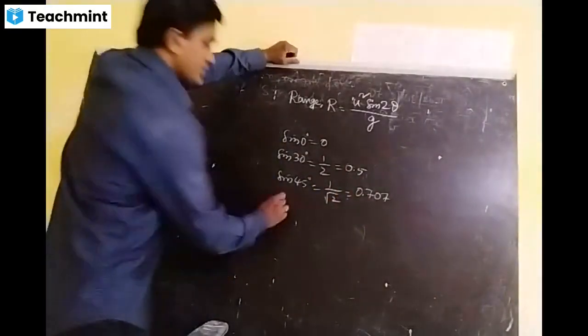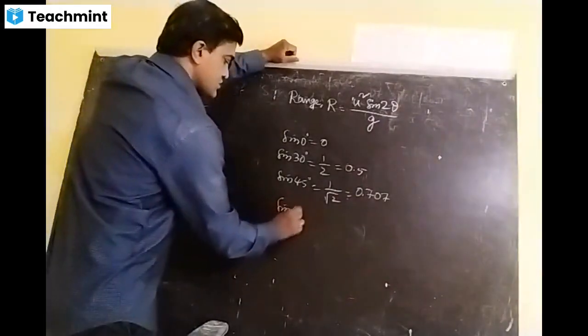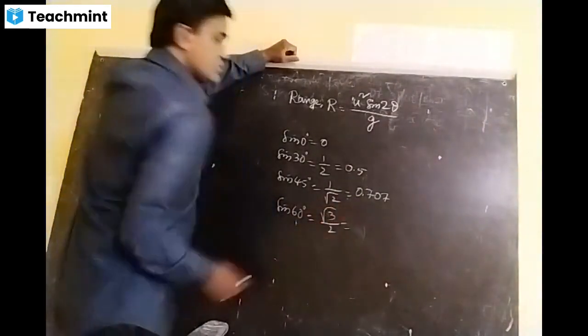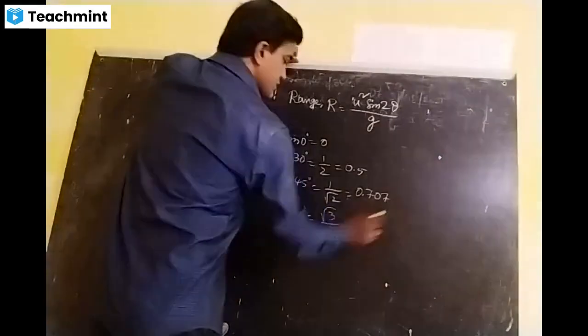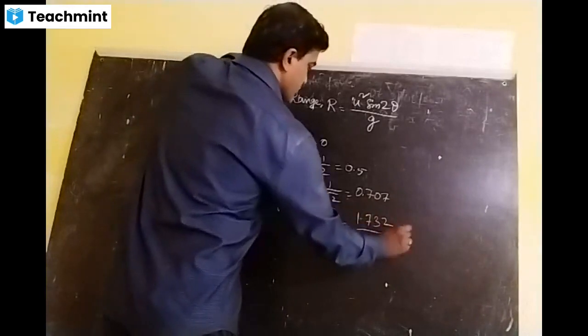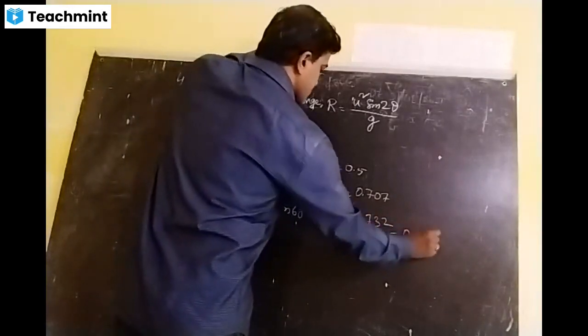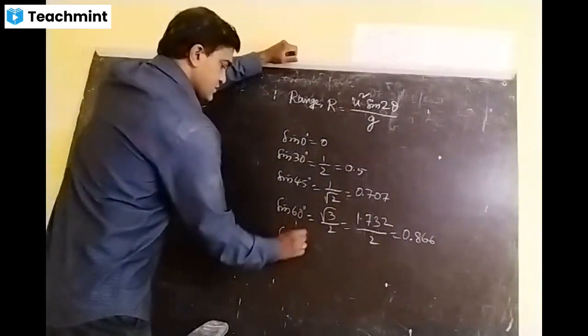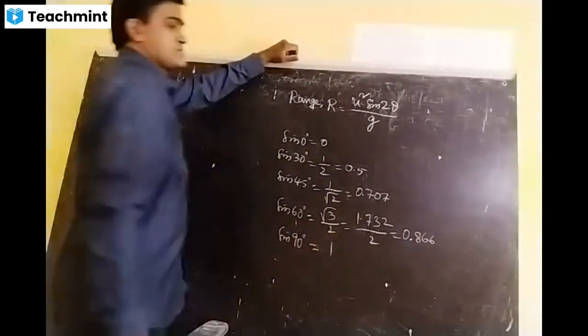Sine 60 is root 3 by 2; root 3 is 1.732, upon 2, which comes out to be 0.866. Sine 90 is equal to 1.